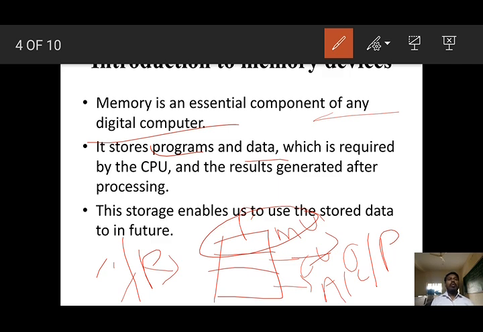For example, now I am storing one piece of data. After 10 years, I may need the data to do some process. So data storage enables us to use the stored data in the future. In the future, we are able to take the data and calculate. Understand?